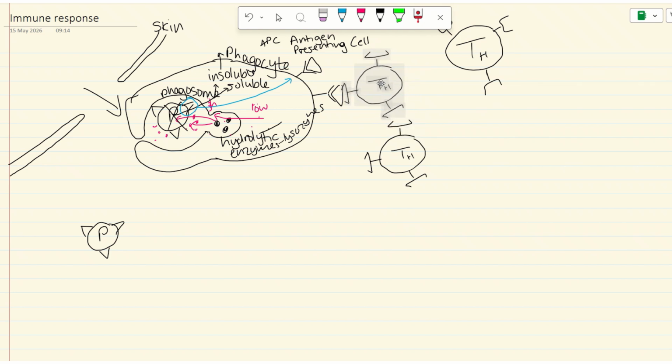And that's a great idea, because now this T helper cell has receptors on it that fit or bind with that particular antigen, and that T helper cell can now do one of four things.